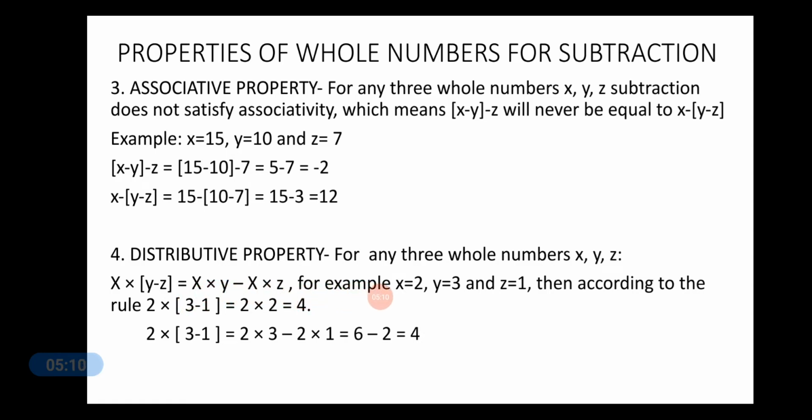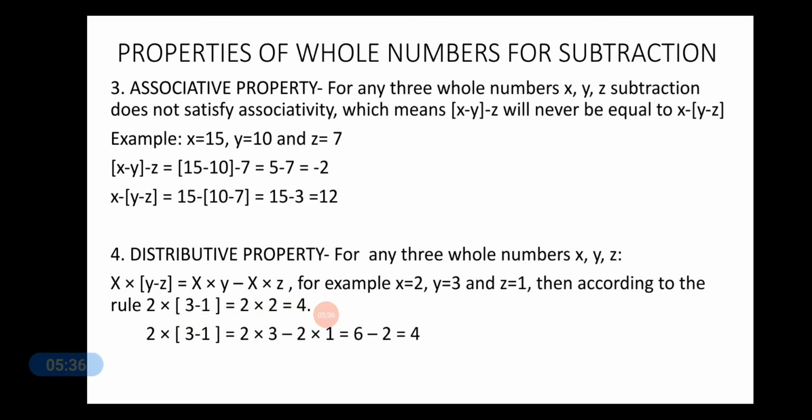For example, let the value of x be 2, y 3 and z 1. In the first case, you just see 2 into, within the bracket, 3 minus 1. Now 3 minus 1 is equal to 2. So 2 into 2 will give you the answer 4.